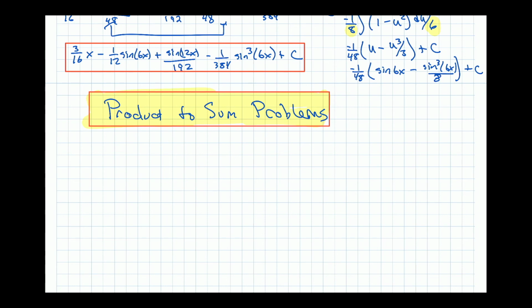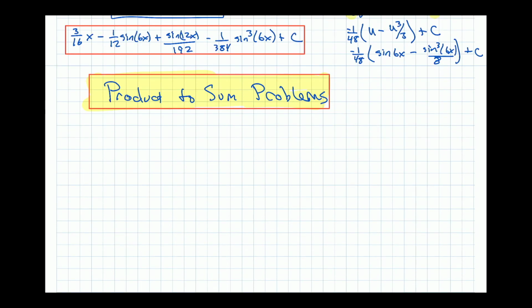Product to sum. So what are we doing here? The idea is you're going to have an integral that looks like this. So an integral that's like sine ax cosine bx. The implication is that those are different numbers now, the a and the b.